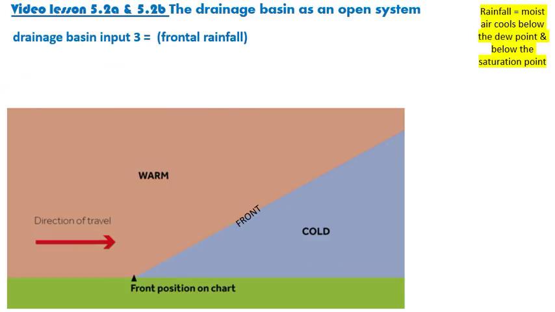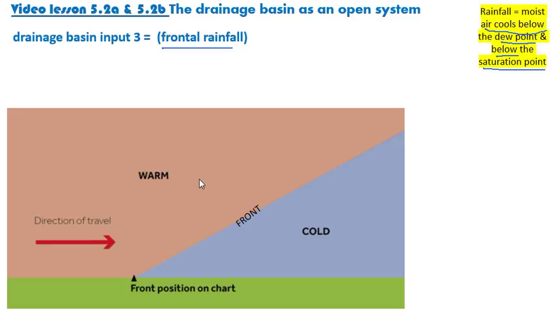The third type of rainfall is frontal rainfall. You can also refer to it as cyclonic rainfall. So what else can cause warm, moist air to rise and cool below the dew point and the saturation point? Well, we find large bodies of air that have uniform characteristics.